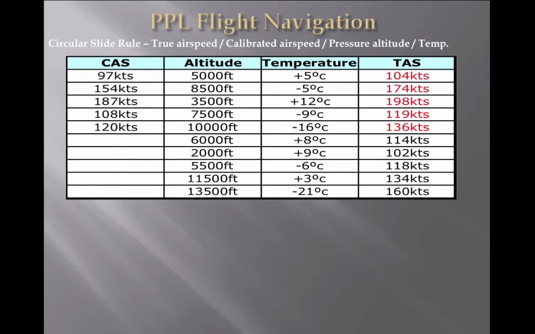And then looking on the outside scale this time, we're looking for 114 knots, which represents our true airspeed, which means we're getting 105, 104 knots.